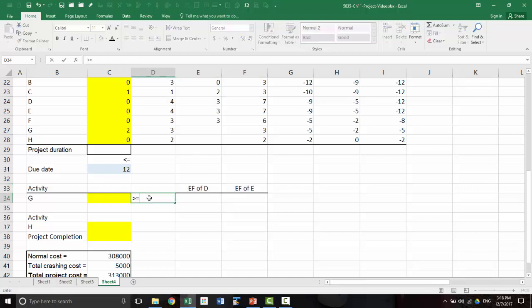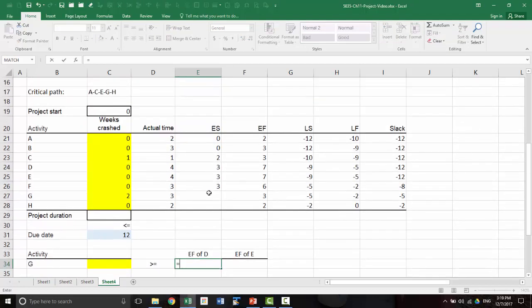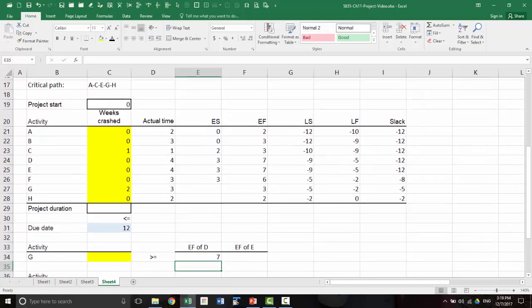So the constraint here is that whatever value solver figures out for this, it must be greater than or equal to early finish time of D, right?